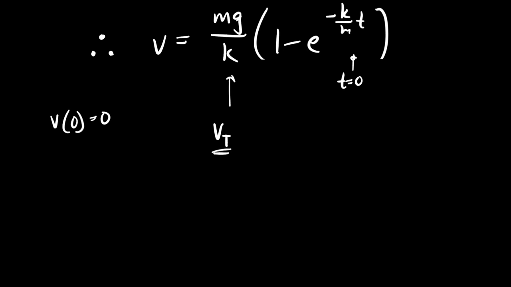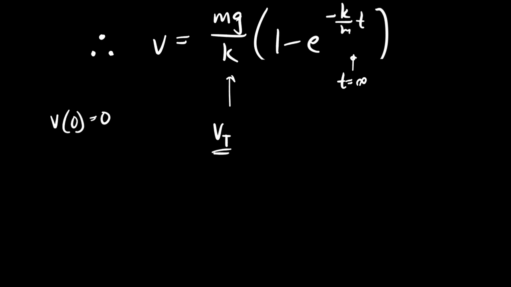However, what is that term when t goes to infinity? What's that? This term becomes 0. Right? It's 1 over an infinitely large number.